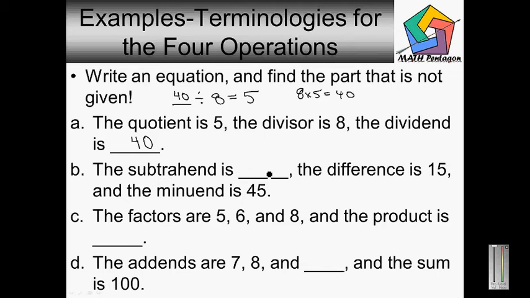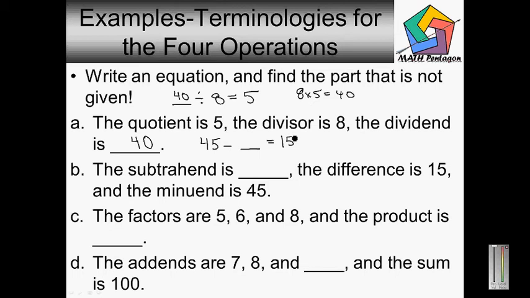The subtrahend is blank, the difference is 15, and the minuend is 45. So 45 is our minuend, minus, so our subtrahend is, we don't know yet, that's blank, equals the difference, which is our answer, is 15.